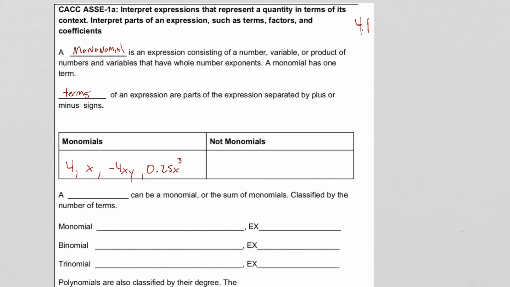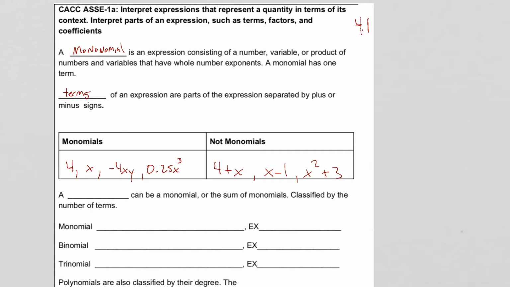This would not be a monomial: 4 plus x, or x minus 1. X squared plus 3, not monomials.